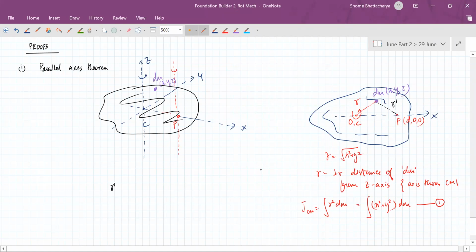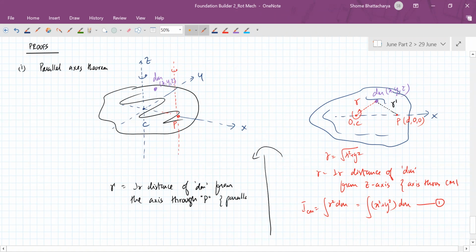So r prime is the perpendicular distance of the particle dm from the axis through the point P and parallel to the center of mass axis, that is, the z-axis. So r prime will be the square root of x minus d whole square plus y square, using coordinate geometry.